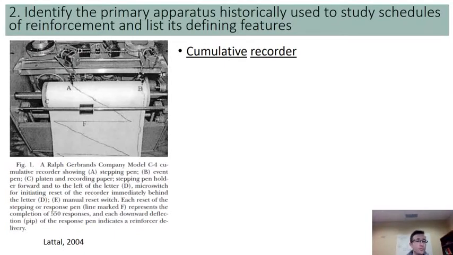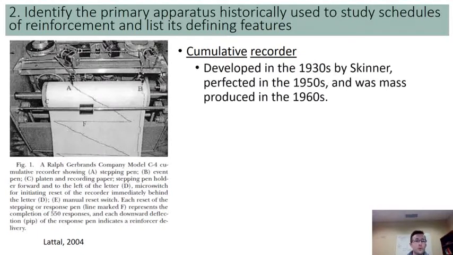This is a Ralph Gerbrands Company Model C4 cumulative recorder. Okay, so this at the time was a fairly common version of the cumulative recorder. The cumulative recorder was initially developed in the 1930s by B.F. Skinner, then perfected in the 1950s, and was mass-produced in the 1960s, according to Lattal.